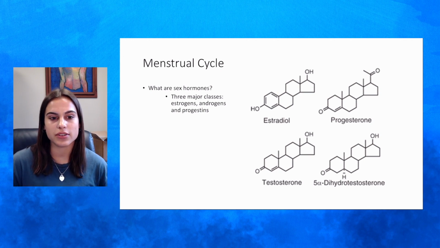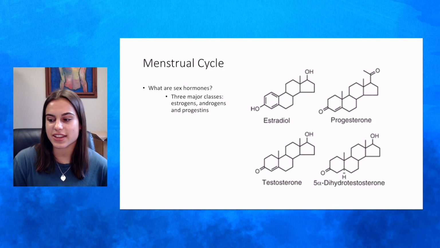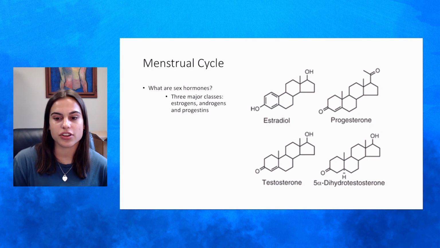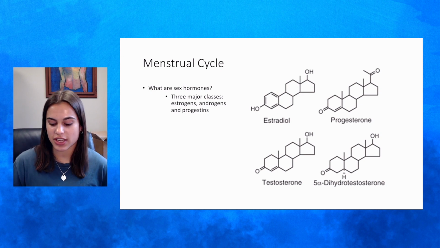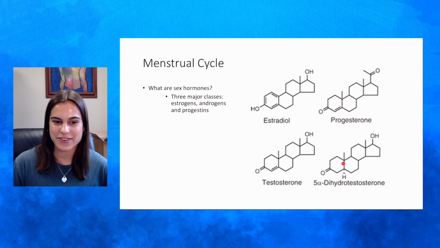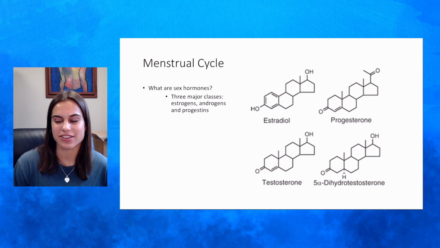Progesterone is the most potent endogenous progestin, and testosterone is the most abundant endogenous androgen, but it's not the most potent. So 5-DHT, which is the one down in the corner here, is the most potent endogenous androgen.